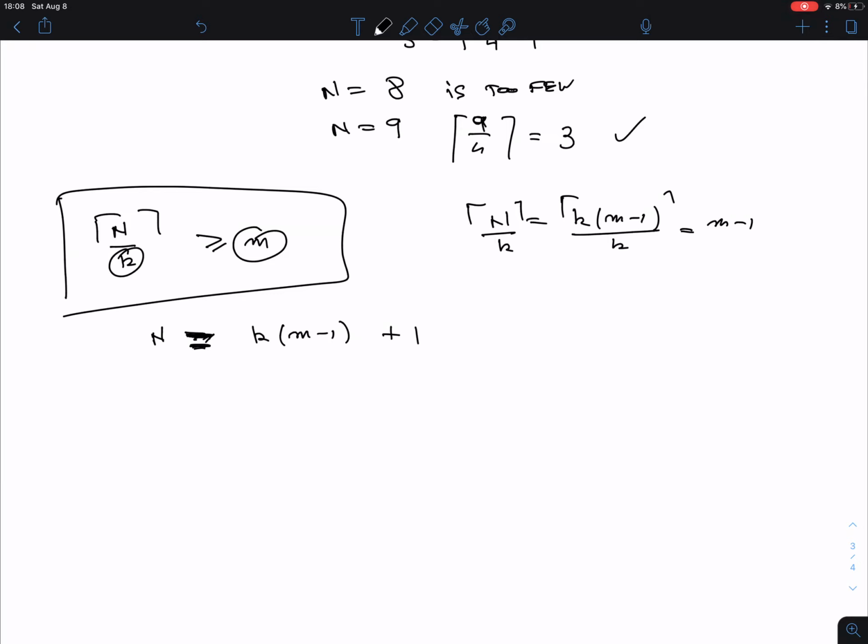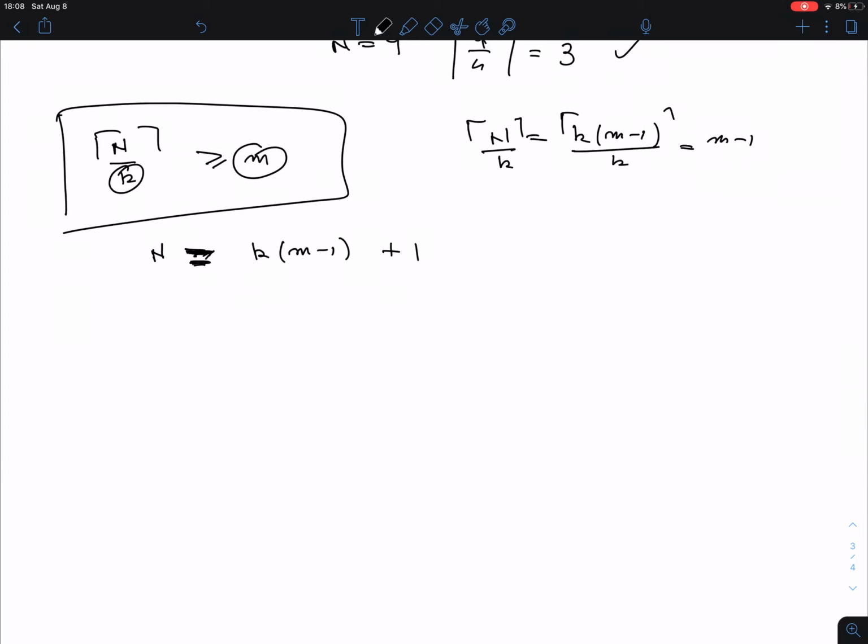So, for instance, let's think about this. We have n students of age 18 to 21.